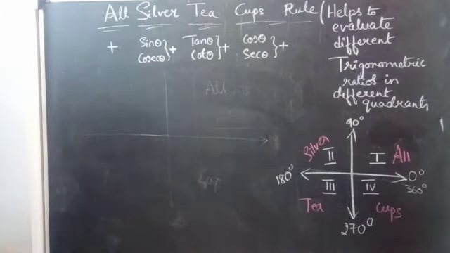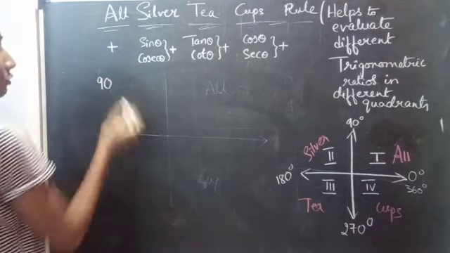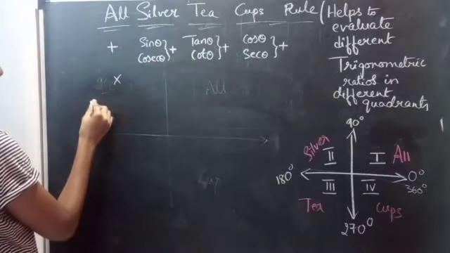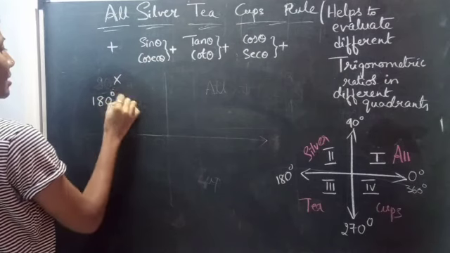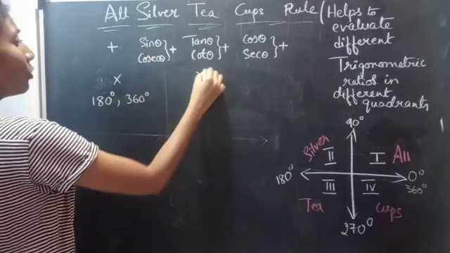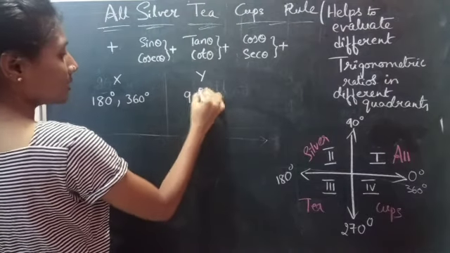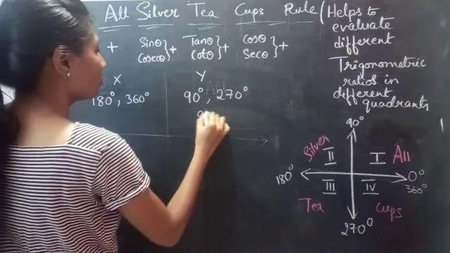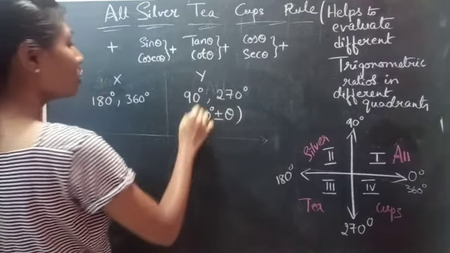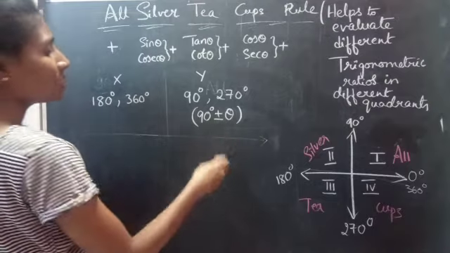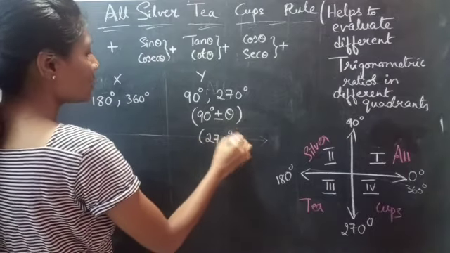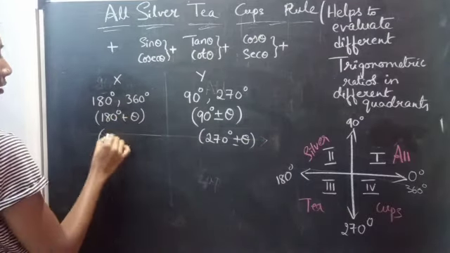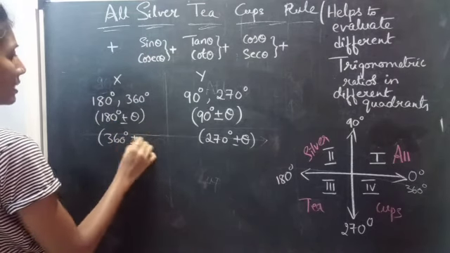You will have trigonometric ratios for 90 degrees plus or minus theta, 270 degrees plus or minus theta, 180 degrees plus or minus theta, and 360 degrees plus or minus theta.